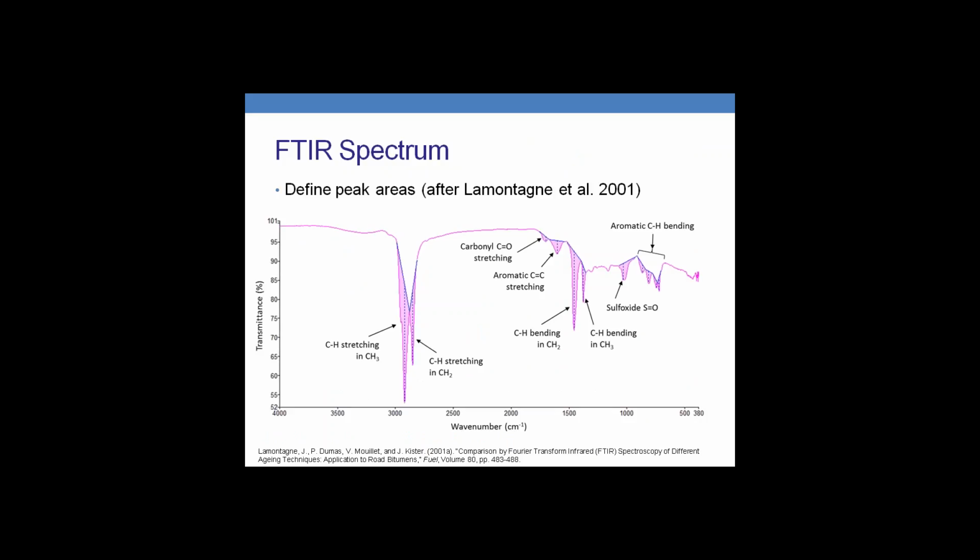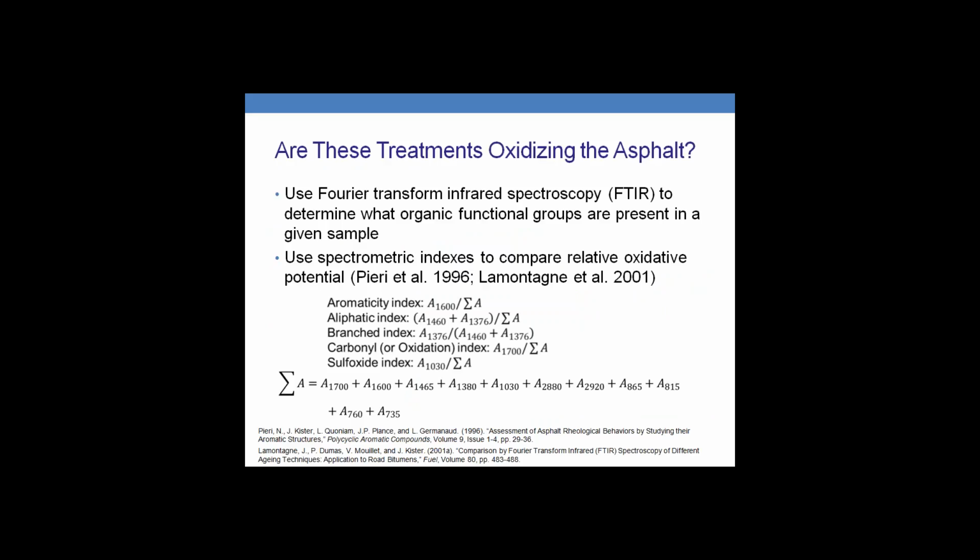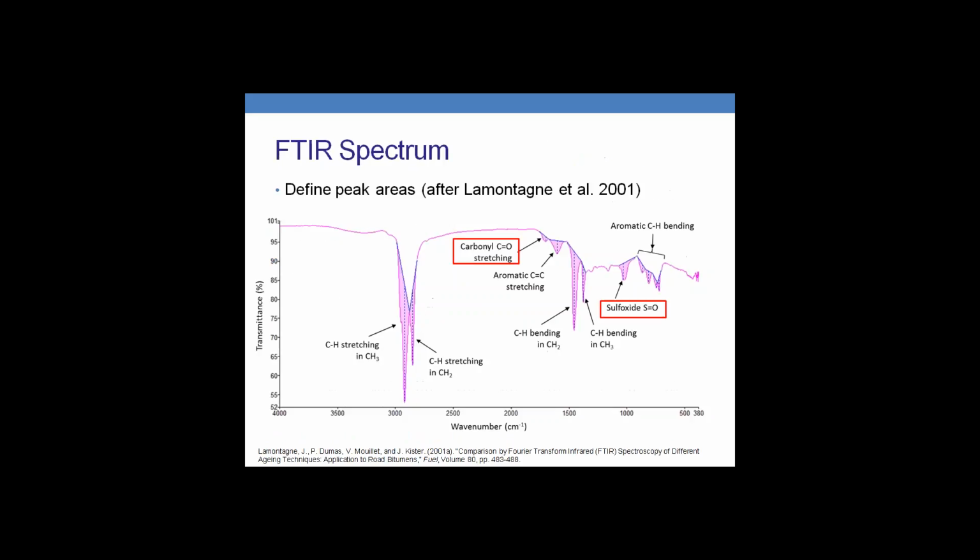So CH bonds are doing stretching, or you have bending ones, and all sorts of ones. Basically, we can pull out our carbonyl and sulfoxide groups, and by normalizing over the whole area, we can compute what was on the previous slide, these spectroscopic indices. In particular, we're interested in the carbonyl sulfoxide groups.